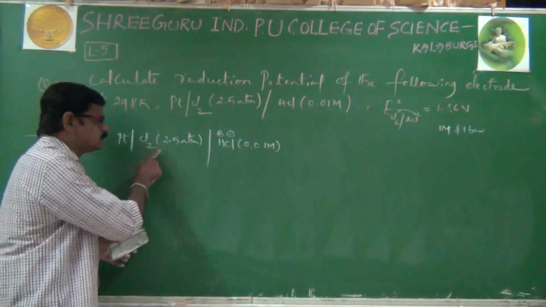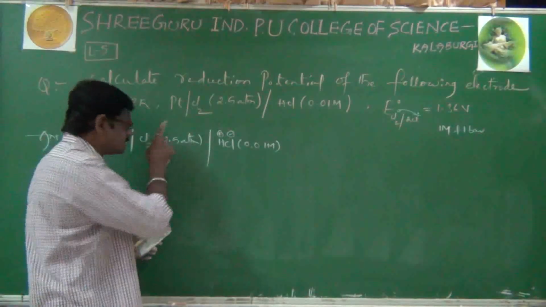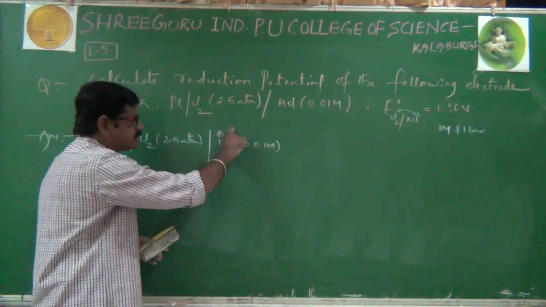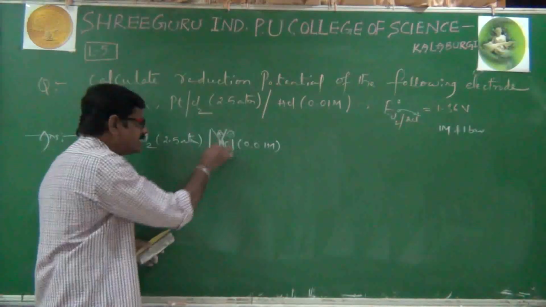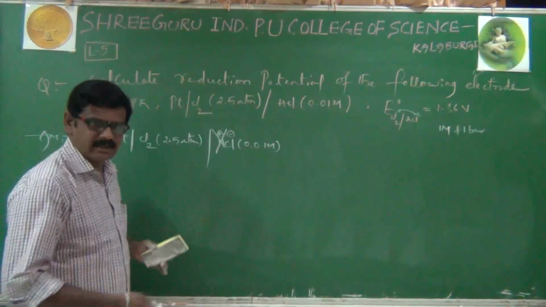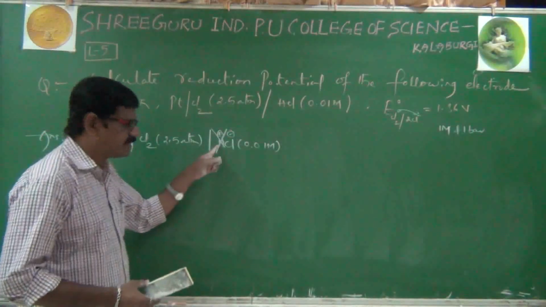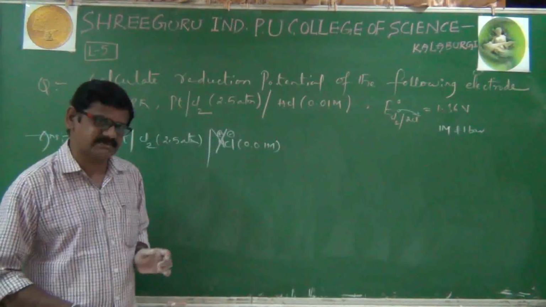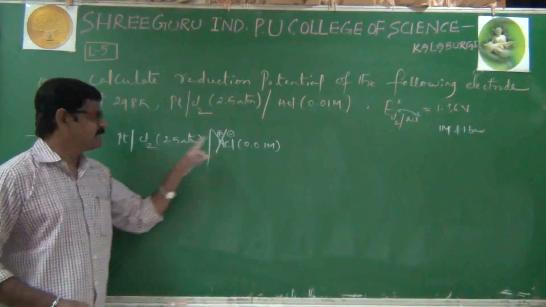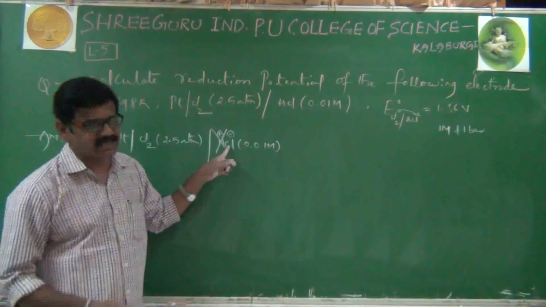Now chlorine gas should be in contact with a Cl minus ions solution, which means H plus does not have any role here. We can remove it. After removing H plus, there is no difference in the concentration of Cl minus. Now see here, chlorine is in contact with Cl minus ions.